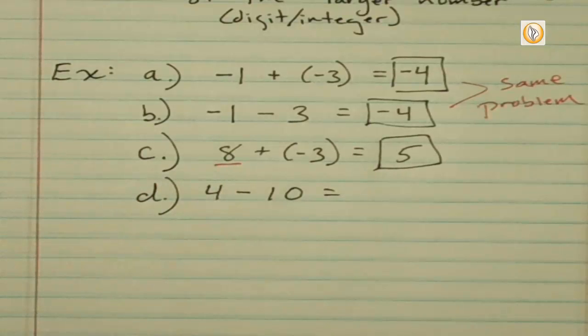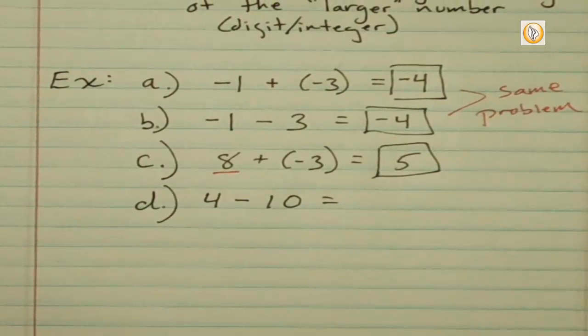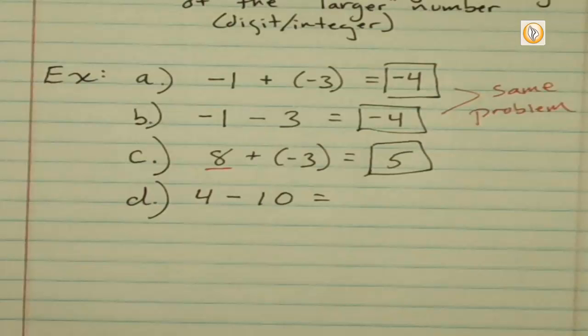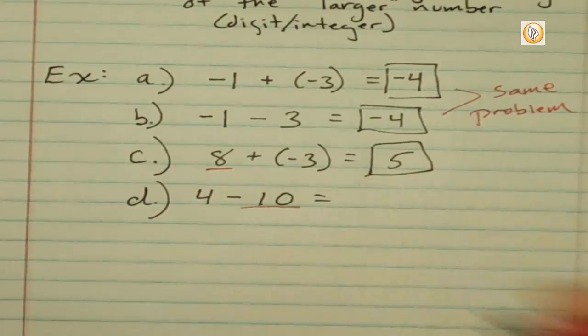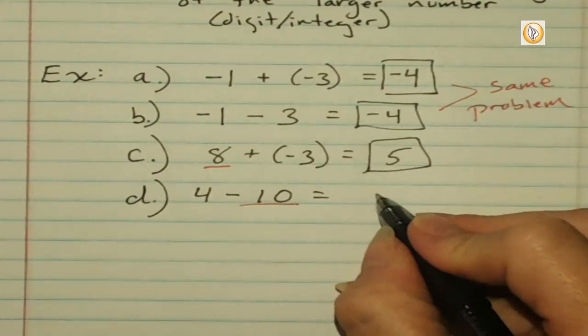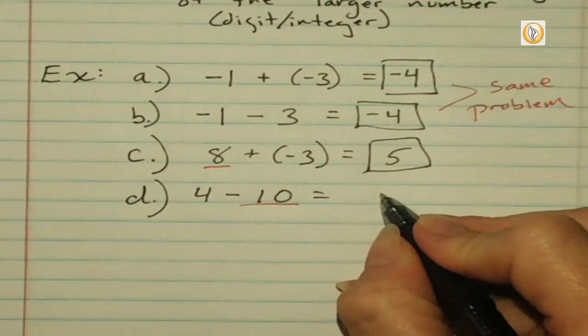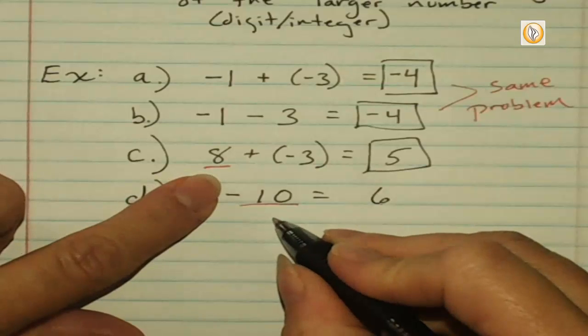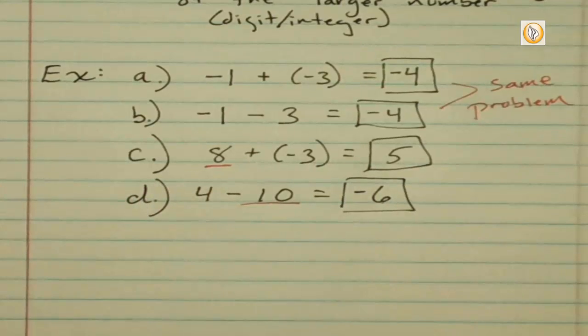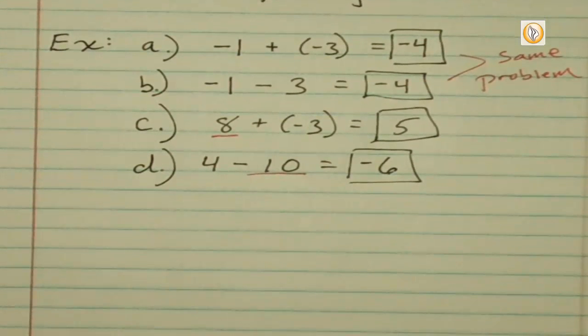You subtract and take the sign of the larger number. And 10 is my largest, and you said it's negative, so what's 10 minus 4? 6. And since 10 is negative, it's larger, it's -6. Yeah. Good job. Any questions so far? No.